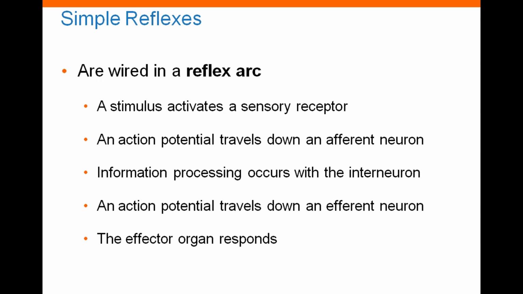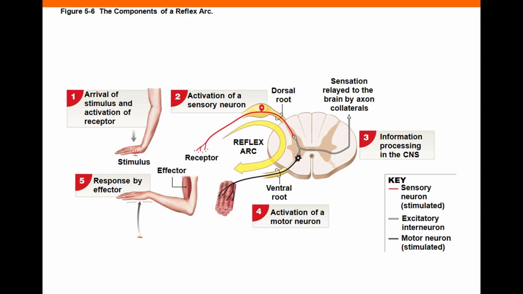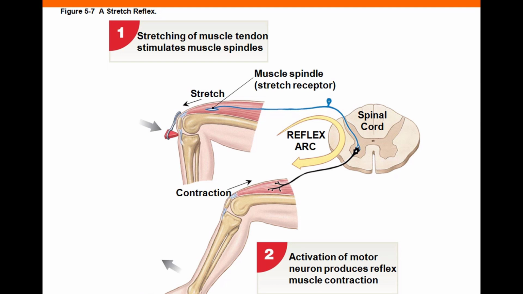Right, in a reflex arc, a stimulus activates a sensory receptor. The sensory receptor is the first part of the reflex arc. An action potential travels down an afferent sensory neuron and brings information to the central nervous system.